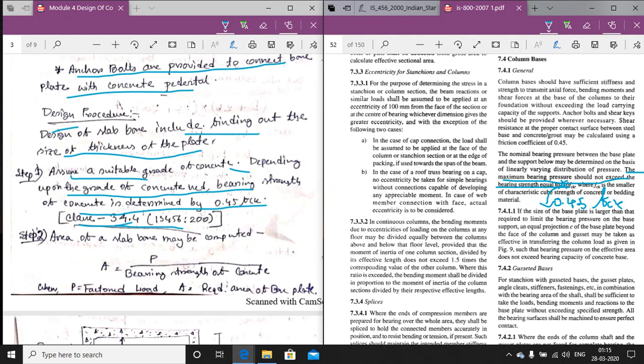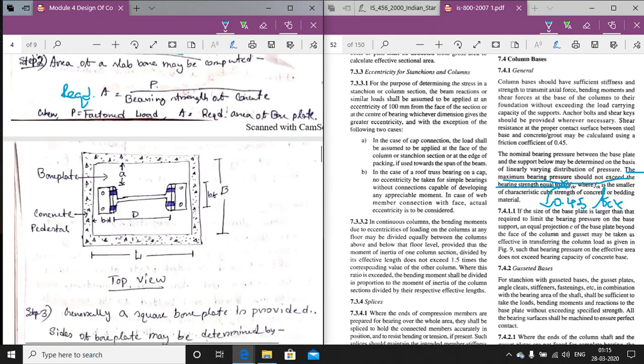So the area of the slab base is the required area. Required area A equals P, the factored applied load here, divided by the bearing strength of the concrete that we have calculated, 0.45 FCK.